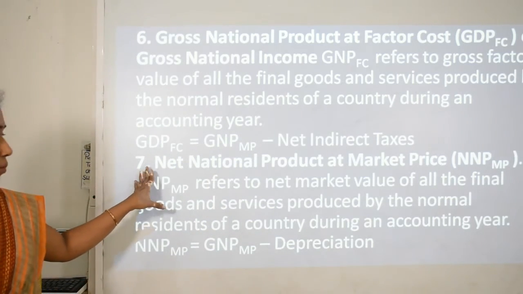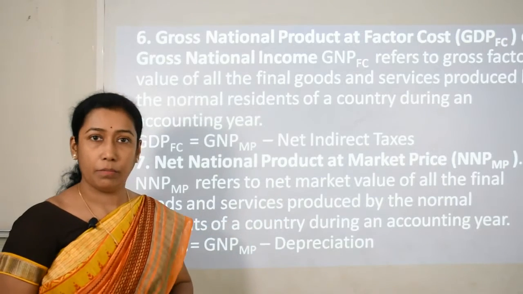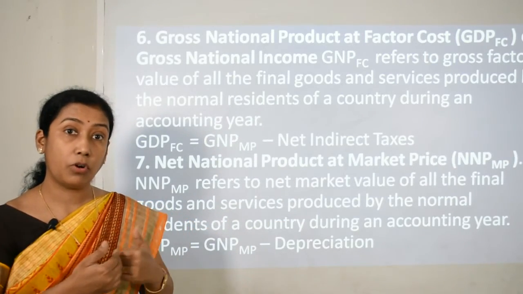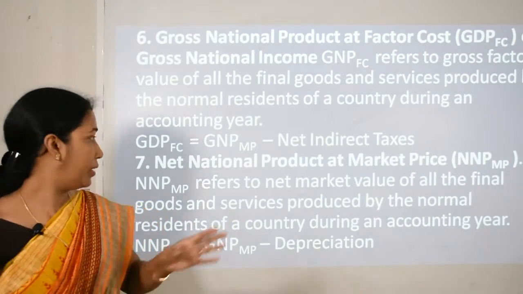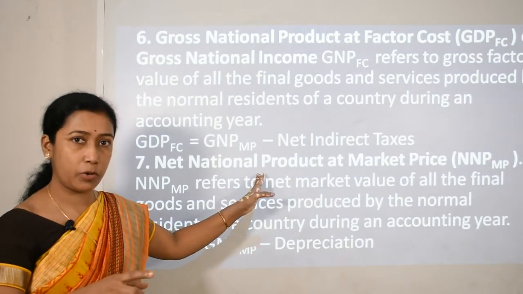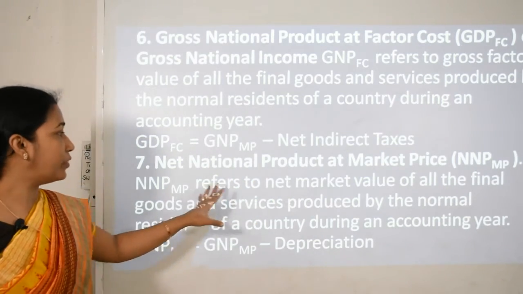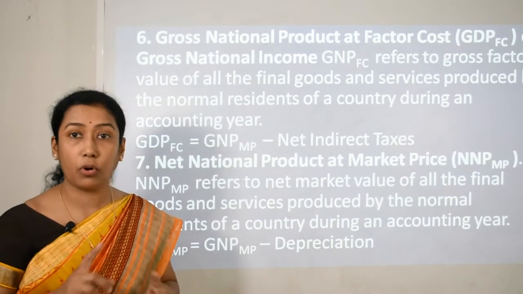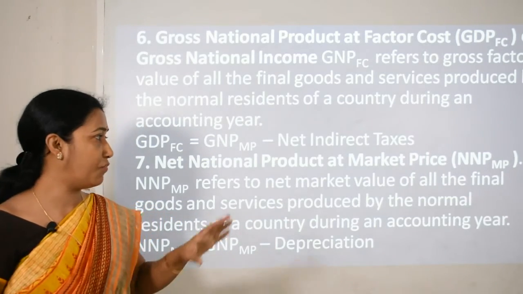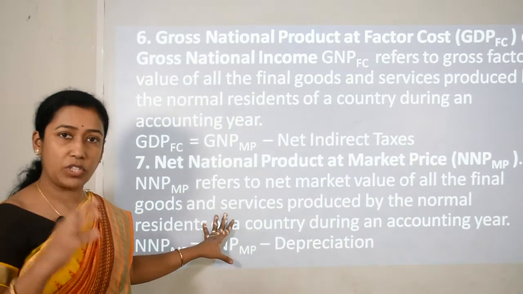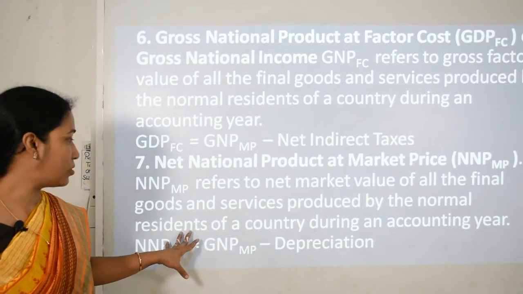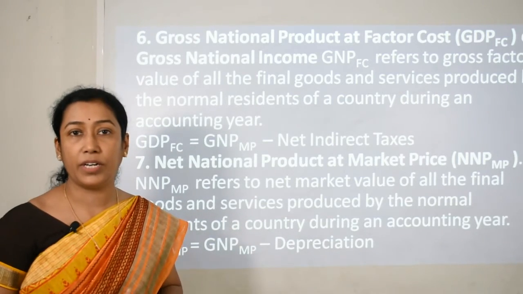Now seventh topic is net national product at market price. Now here we are not talking about gross, it is net. National product at market price refers to the net market value, not gross market value, of all final goods and services which are produced by the normal residents of a country during one financial accounting year.